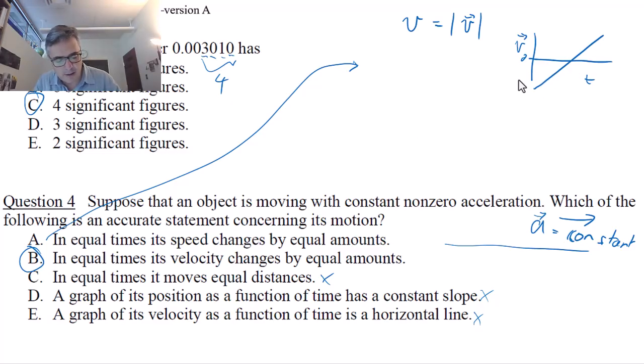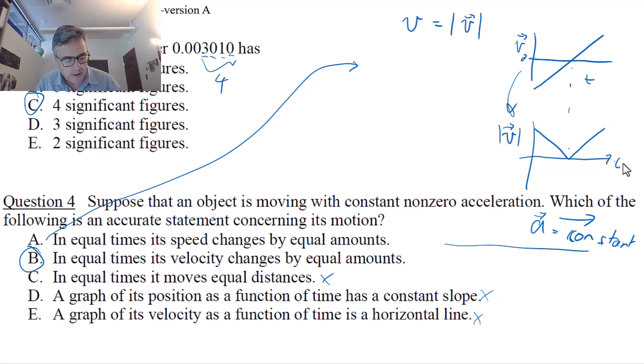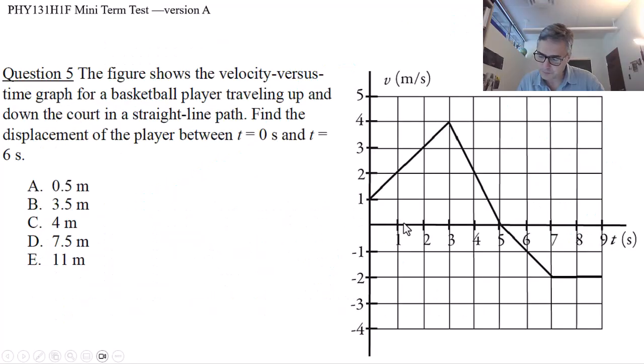If you look at the absolute value of that, it looks something like this. It goes down, hits 0, so it slows down, and then speeds up. So this speed is decreasing from here to here, doesn't change at all, then it's increasing. So different time intervals have different changes in speed. So that is why A is wrong.